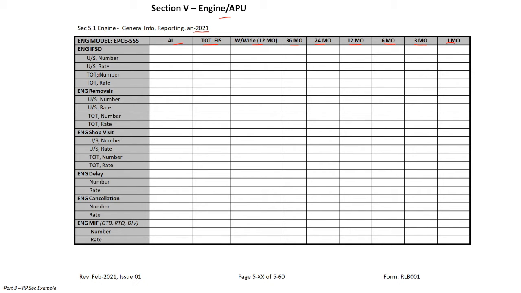And on the left side, we have information in the rows: engine in-flight shutdown, unscheduled number rates, total number rates, engine removals, unscheduled number rates, total number rates, engine shop visit, unscheduled number rates, total number rates, engine delay number rates, engine cancellation number rates, and flight interruptions number rates. Definitely we can continue this list if you want.